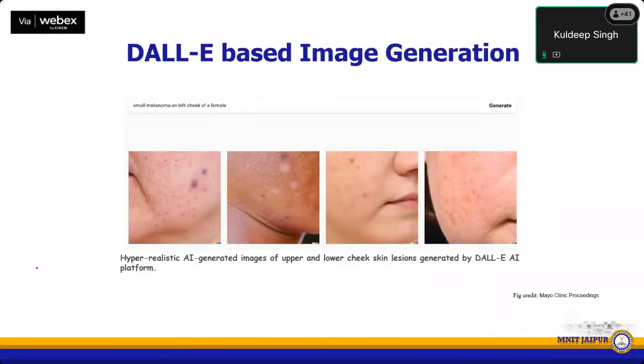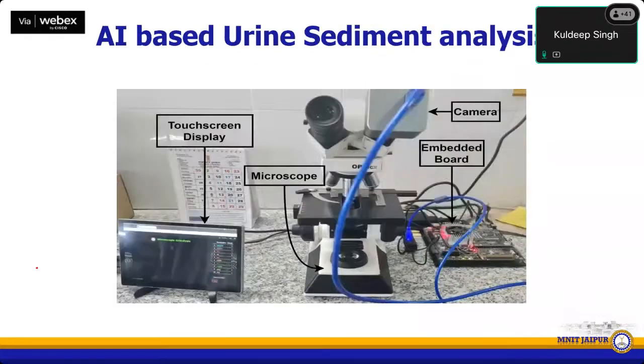Now, I would like to quickly discuss what projects we are doing in our research group. The first project is related to AI-based urine sediment analysis. This is one of the proofs of concept which we have developed. Most of us must have gone to diagnostic labs for urine tests.